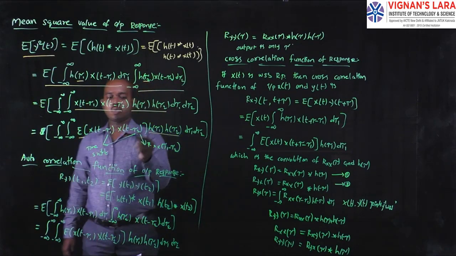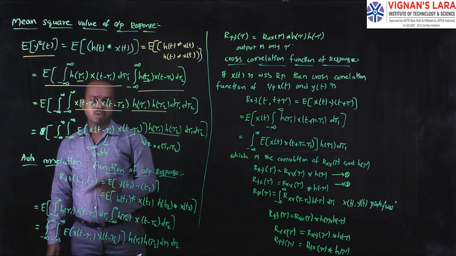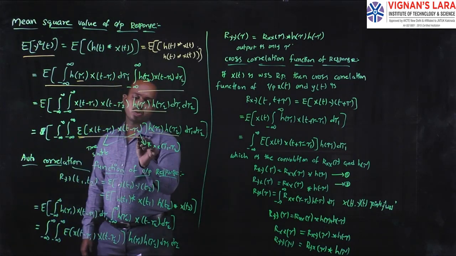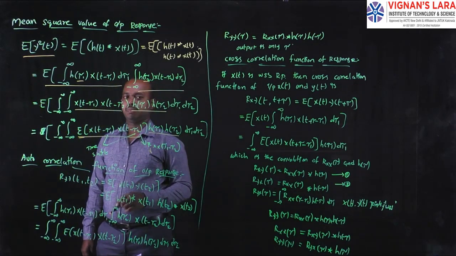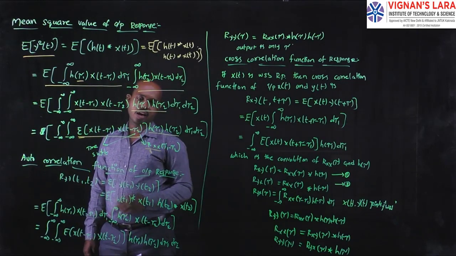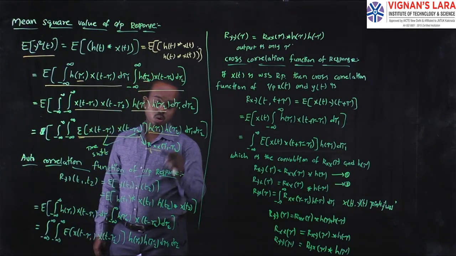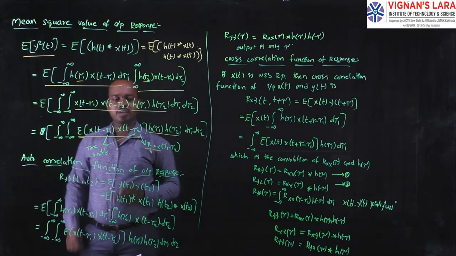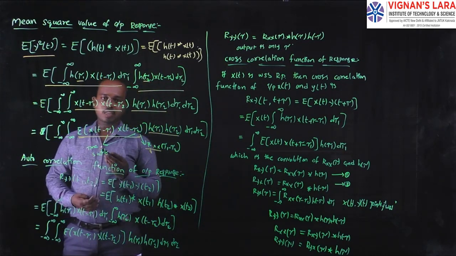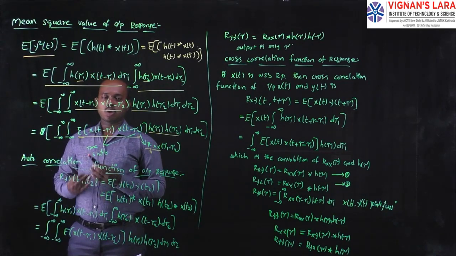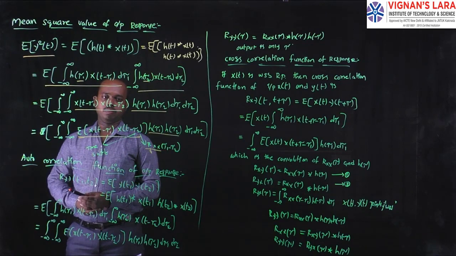Tau 1 and tau 2 both represent time shifts, and this entire function is the short notation of the autocorrelation function. We write the autocorrelation function as Rxx of t1 minus t2, that is tau 1 minus tau 2, and you replace that quantity here. It represents the response of a system.